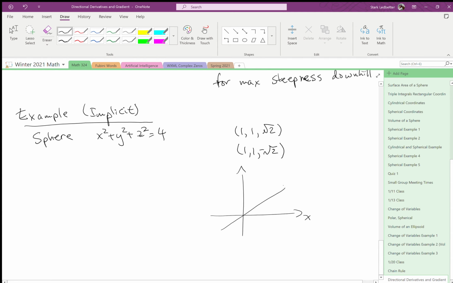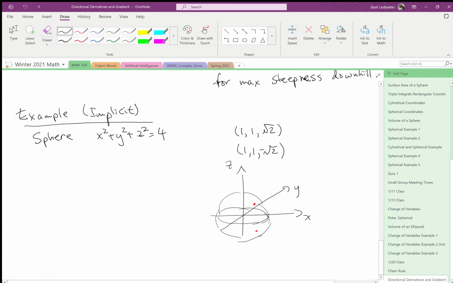So we make x, y, z, and then we should be able to get a sphere, radius 2, and then where is this point? 1, 1, root 2. So not completely to the edge of the sphere. I don't know if you can tell where that is. So there's 1, 1, root 2, and 1, 1, negative root 2 are those two red dots. Okay, good enough for a sketch.